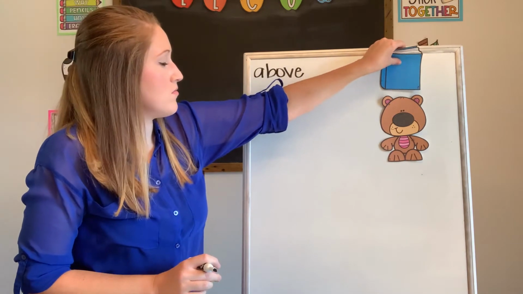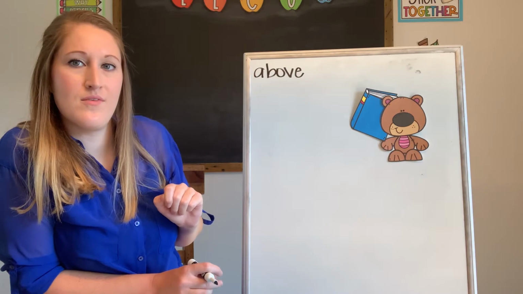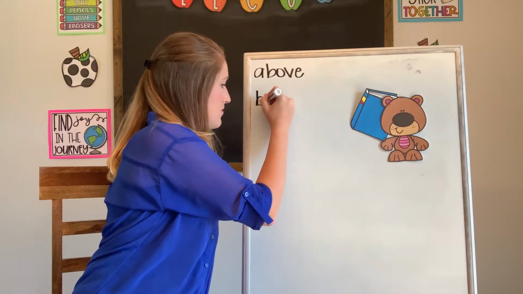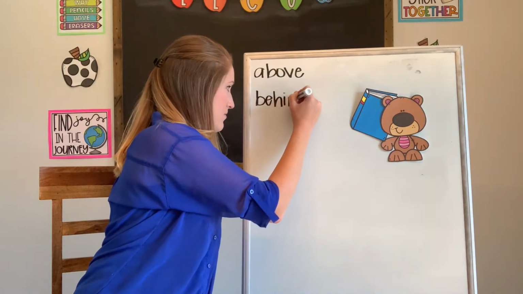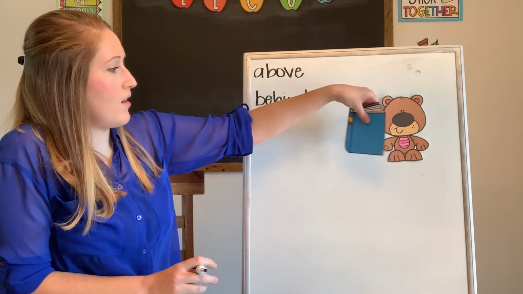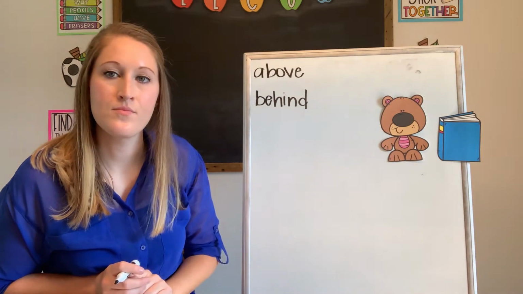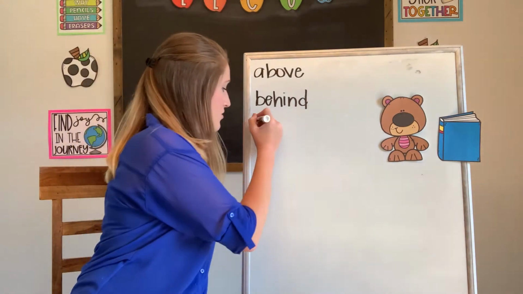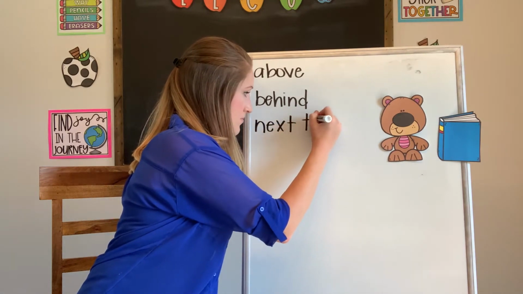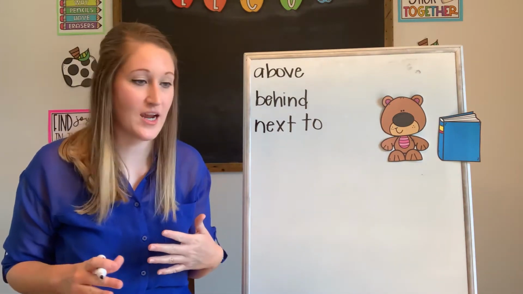What about now? Where's the book now? Good, behind. What about now? Good, next to. Very good. So that can show some location, right?